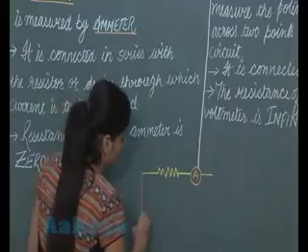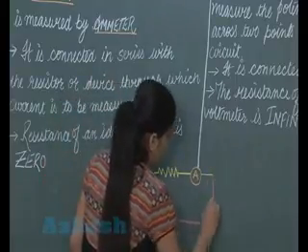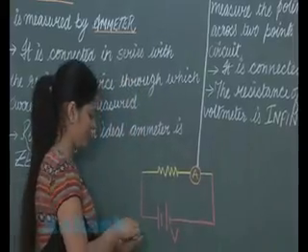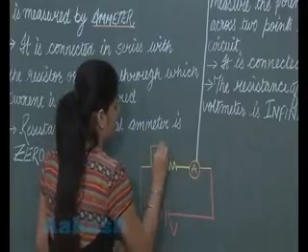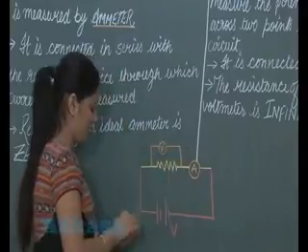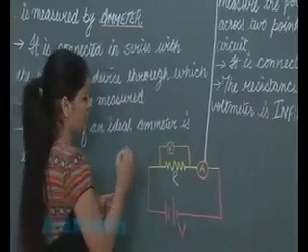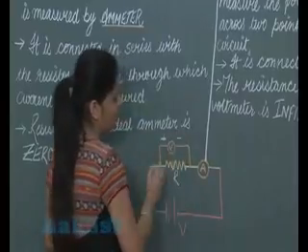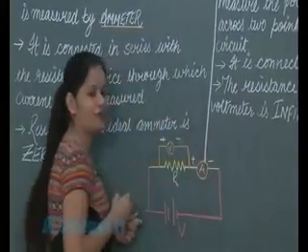This is a resistor which is connected to a battery giving a potential V, and the voltmeter is connected in parallel across this resistor R. Student, this is the positive terminal of the voltmeter and this is the negative terminal. Similarly, this is the positive terminal of the ammeter and this is the negative terminal.